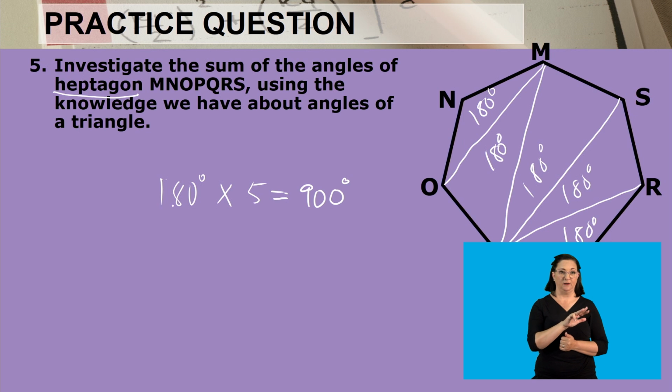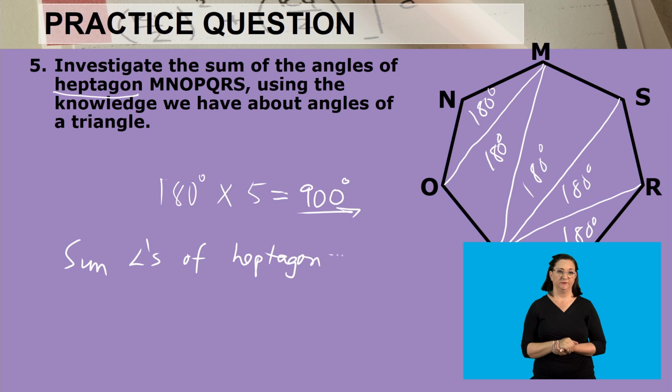So 18 divided by 2 is 9. 5 multiplied by 2 is 10. 9 times 10 is 90. And then you add the 0 you did not use, and that gives you 900 degrees. Therefore, we conclude that the sum of angles of a heptagon will be equal to 900 degrees.